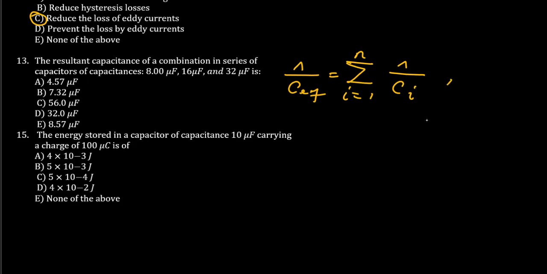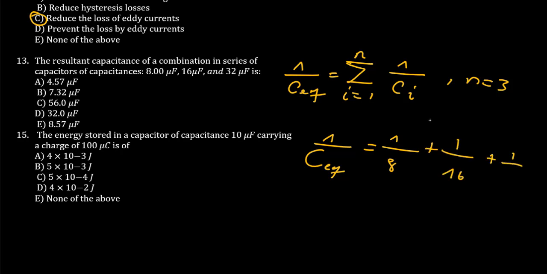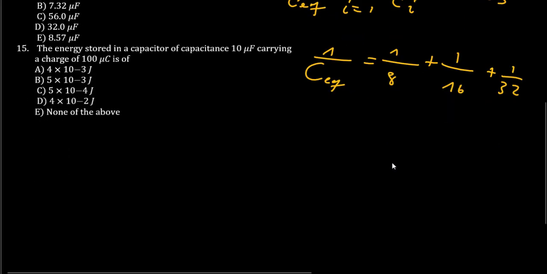Here our n is equal to 3. So 1 over C equivalent will be equal to 1 divided by 8, plus 1 on 16, plus 1 on 32. We can write this in a simpler form.